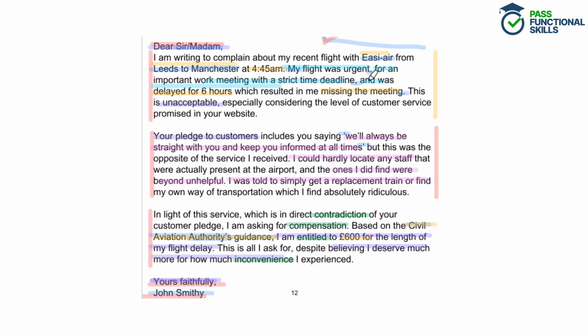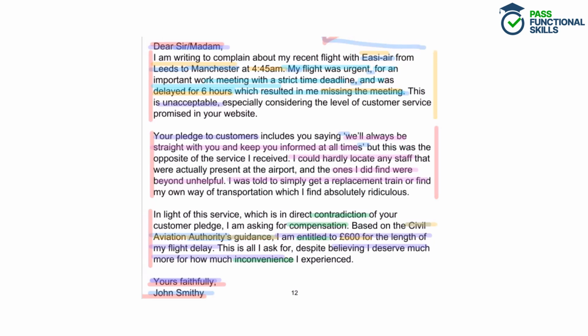And then we've got a connective word, and, to explain that the flight was delayed for 6 hours. And then we've got another connective word, which resulted in me missing the meeting. So we've got the use of some slightly longer sentences that connect ideas together. And this is really going to help your answers to be extra cohesive and show that you can connect ideas together really effectively to impress the examiner.